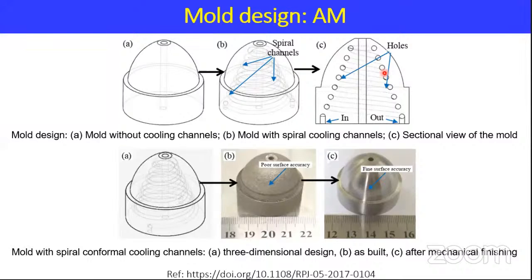So in that direction, AM technology can be used to improve the functionality of such molds, and by appropriately designing these internal channels, one can think of improving the final durability of this component. So these things come under indirect AM applications and the technological advantage one can think of.